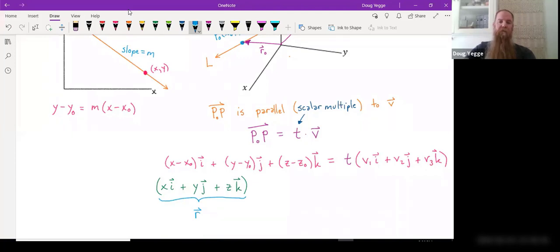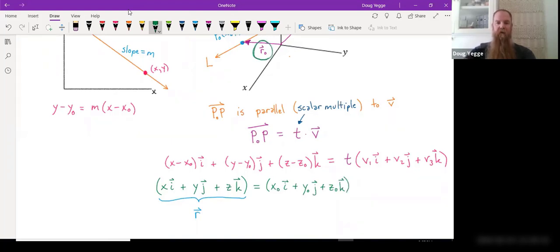While we're at it, we're going to move the x0, y0, and z0 over to the other side by adding each of those terms, okay? So that would mean that we end up getting equals x0i plus y0j, plus z0k. That's the vector that ends at x0, y0, z0.